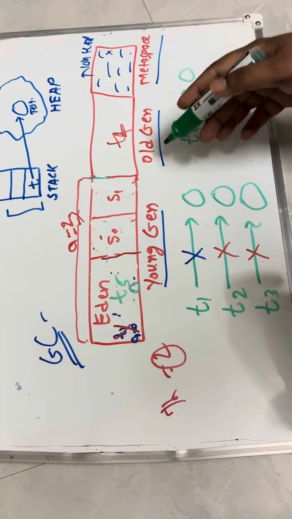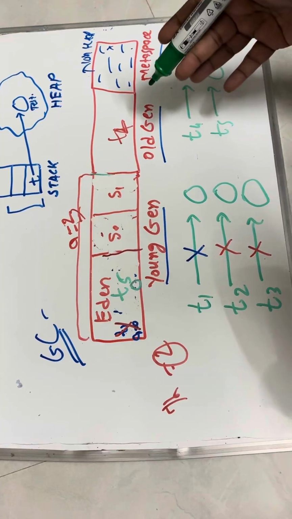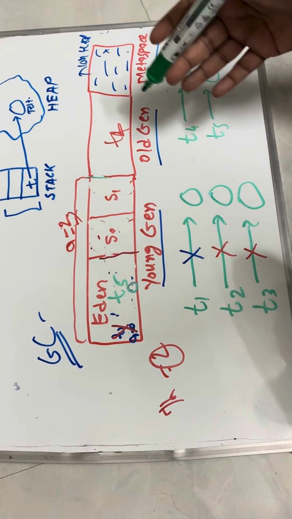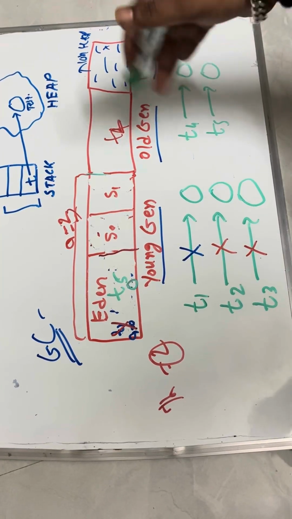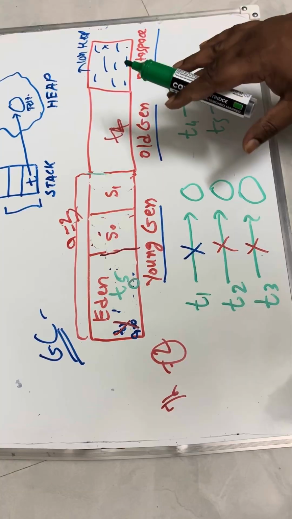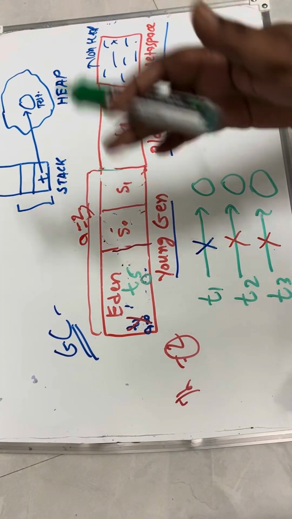The garbage collector which acts on the old generation is the major garbage collector, and it will execute only on the old generation objects. The frequency of major GC is a little bit less compared to the minor GC.